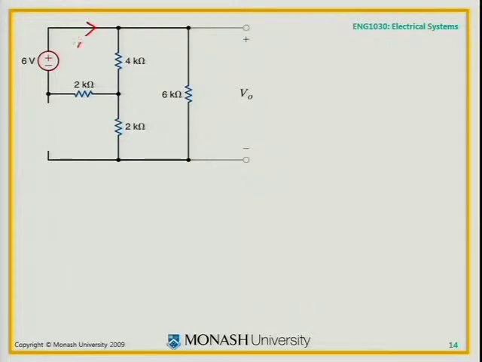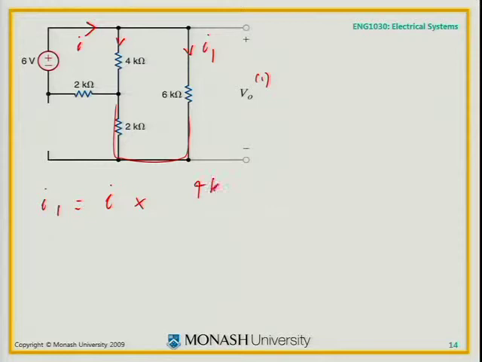I've just found that that is I, and I want to know I1, because if I find that current, I can find the voltage V0. Well, I1 will equal I times what? There's a current division. I can flow through that 4K resistor or through the 8K, the 6 and 2 in series. So the current that flows through the 8K down through here is the other resistance, right?